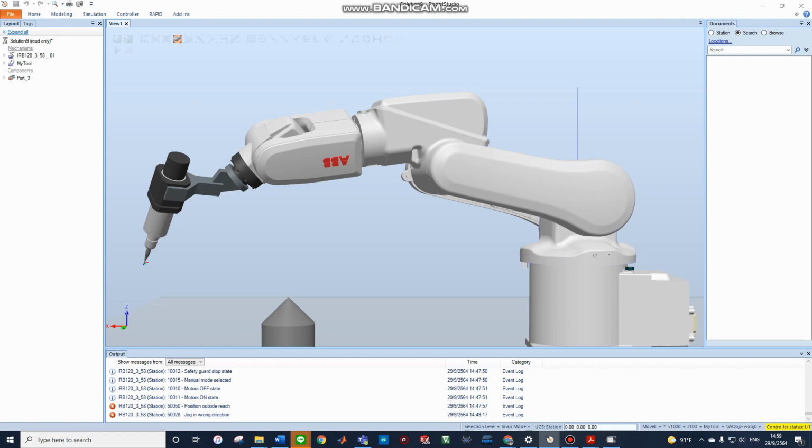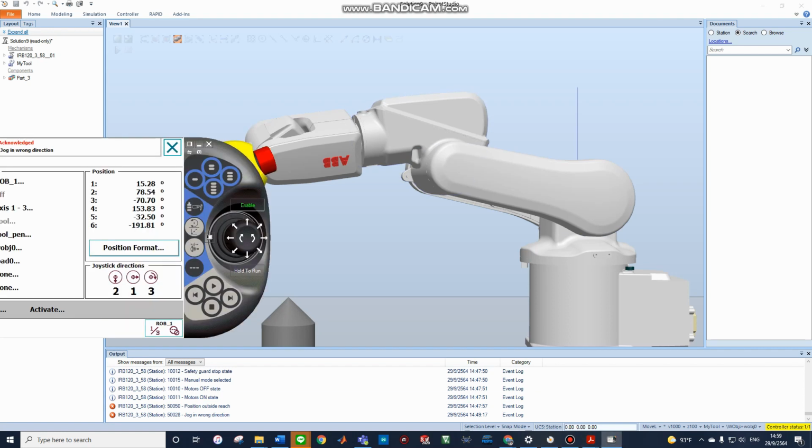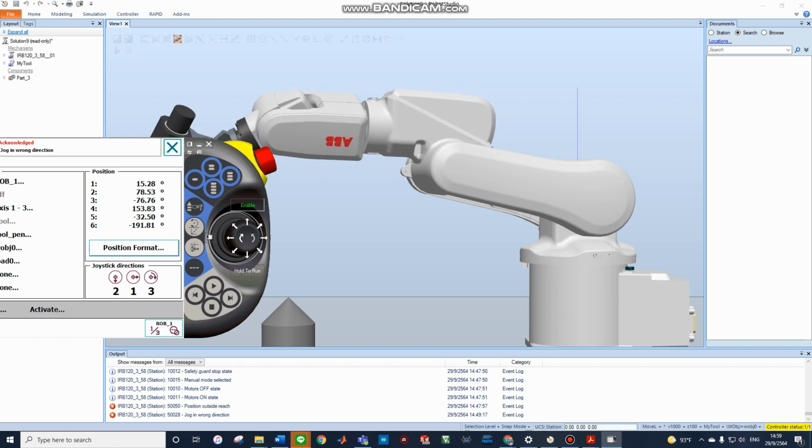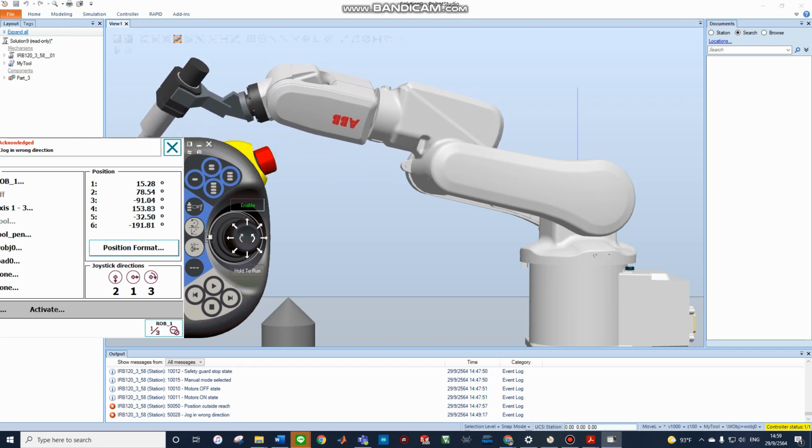Okay, this is axis one, axis two, and axis three. I will show you. It will move up and move down.